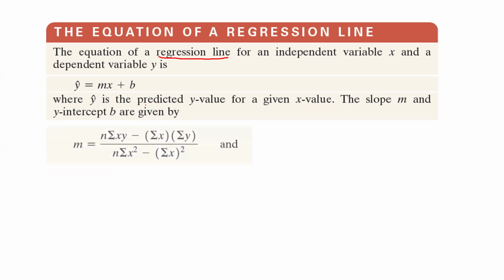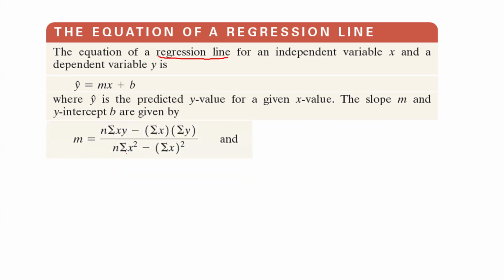The slope m and intercept b can be measured using the following formulas. m is equal to n times the summation of x times y minus the summation of x times the summation of y, divided by n times the summation of x squared minus the summation of x to the second power.